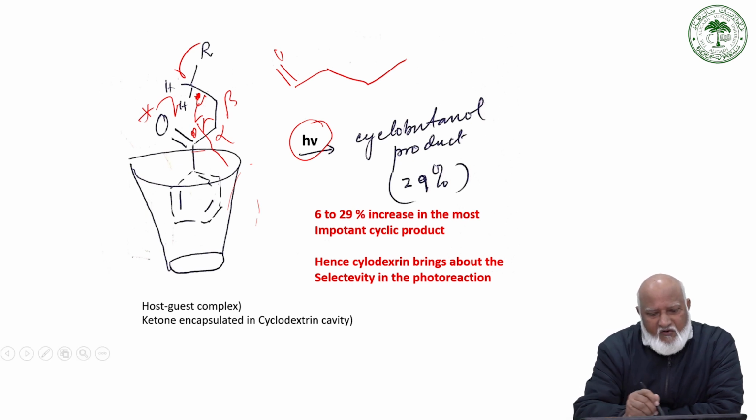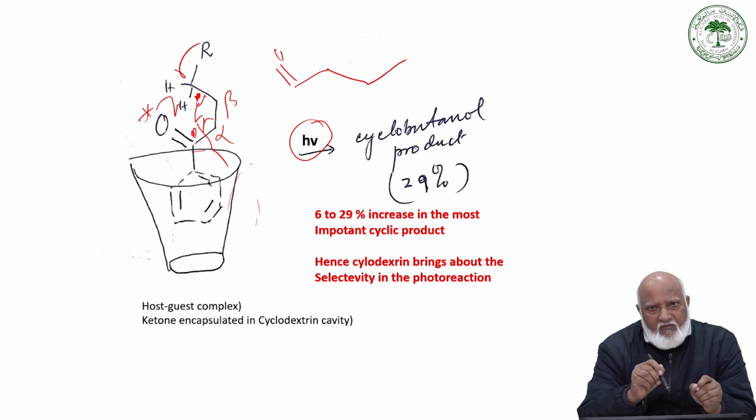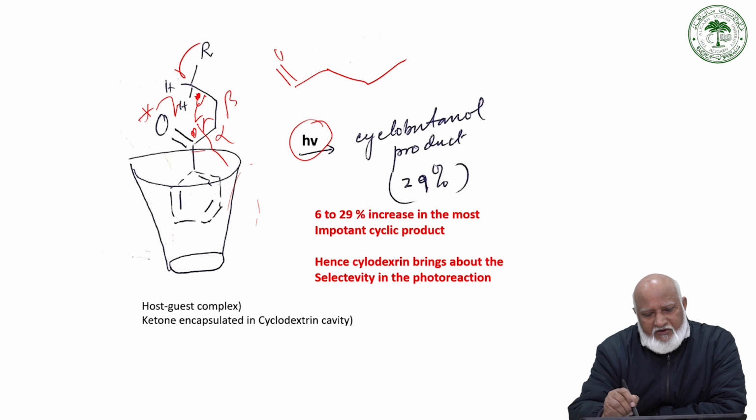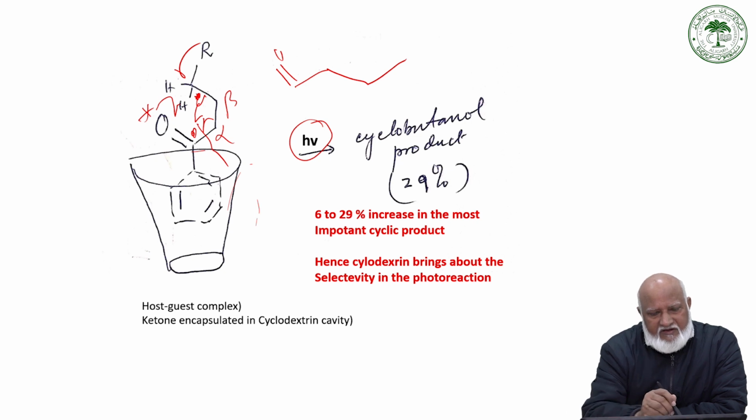It has been found that when such a ketone, where gamma hydrogen is available, is encapsulated in cyclodextrin, it is in a constrained medium, there is a restriction in movement of the molecule, because it is locked in the cavity, and it has a better chance to abstract gamma hydrogen, generate a radical, and combine to give the product.